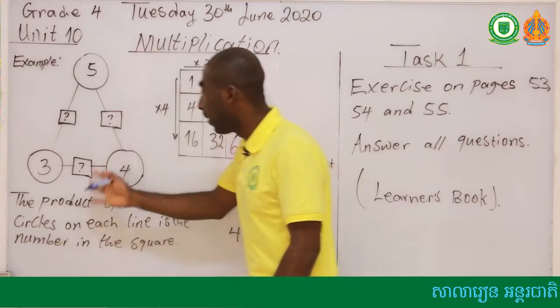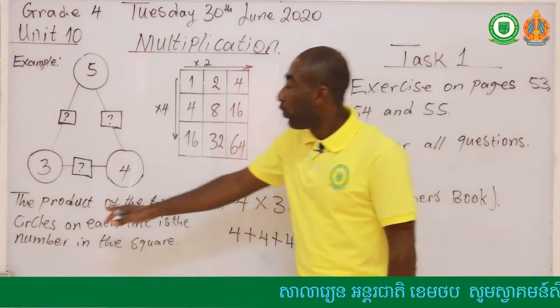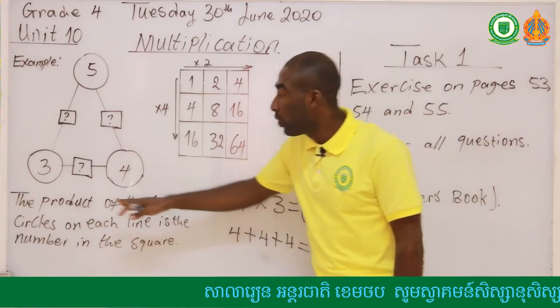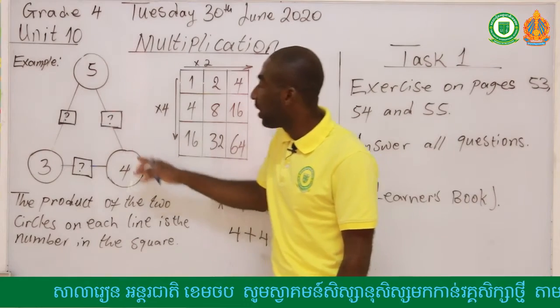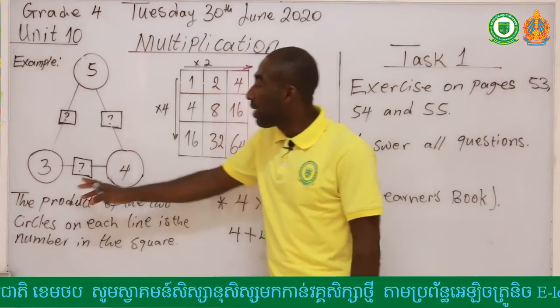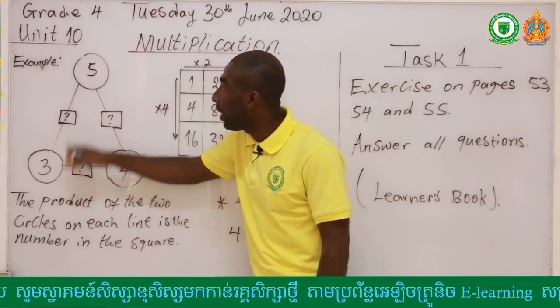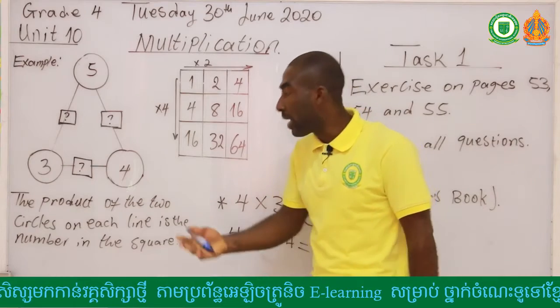So we go back to our problem of the day. The product of 2 circles, where are the circles? We have a circle here, a circle here, and a circle here. But it says 2 circles. That means if you take 3 and 5, you multiply, because we are looking for the product.